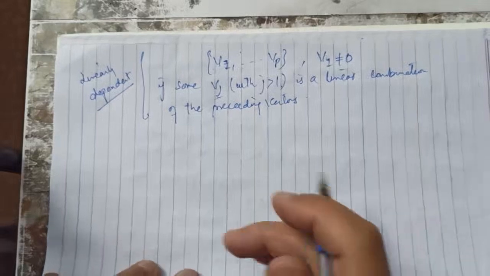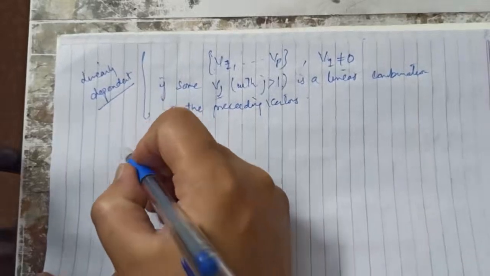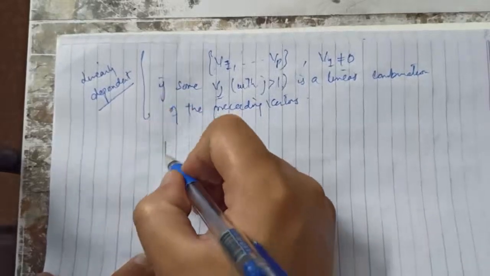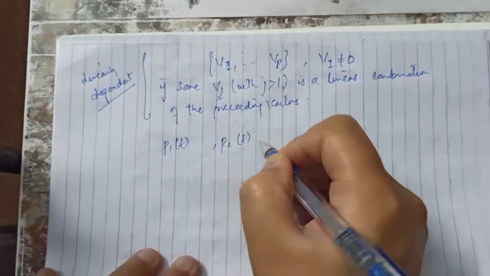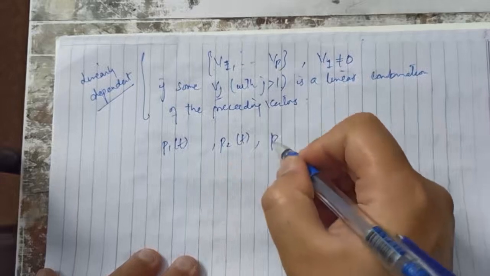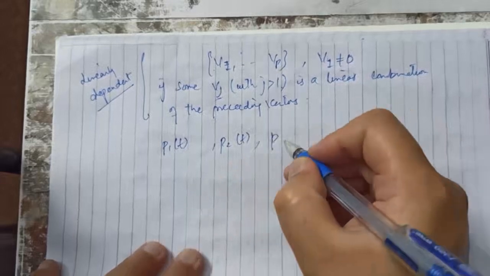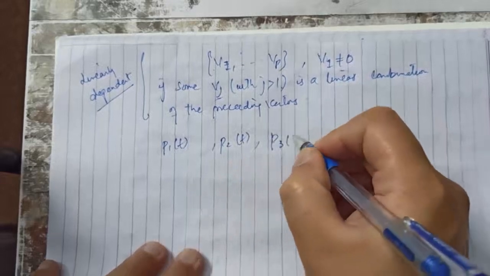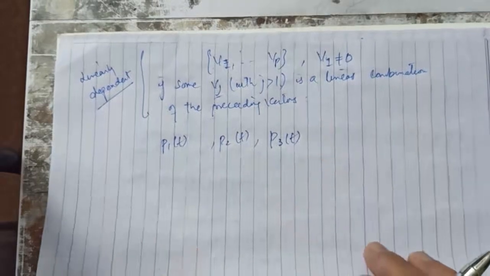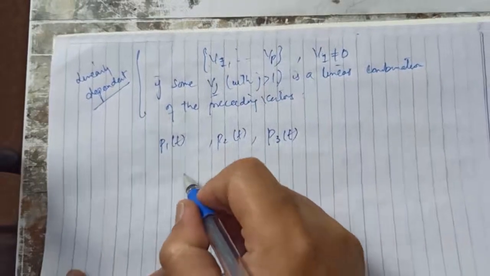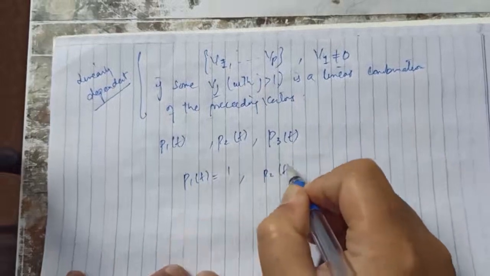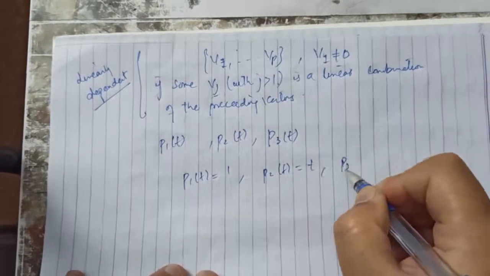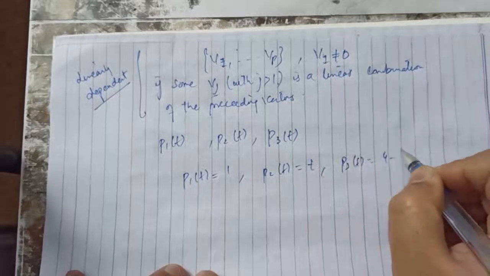To give you an example, let's say we talk about p1(t), p2(t), the polynomials of order n. Remember that we have already covered that in our previous lectures. Let's say p1(t) equals 1, p2(t) equals 2, and p3(t) equals 4 minus t.